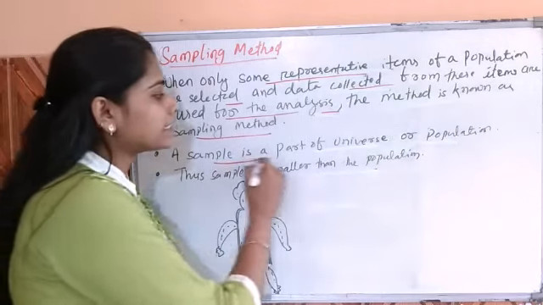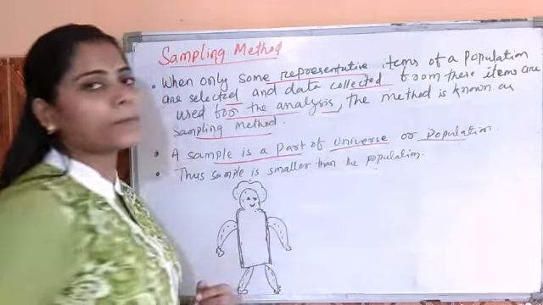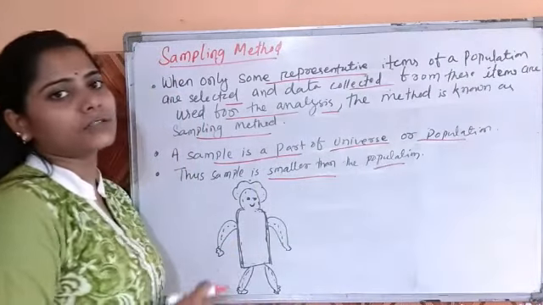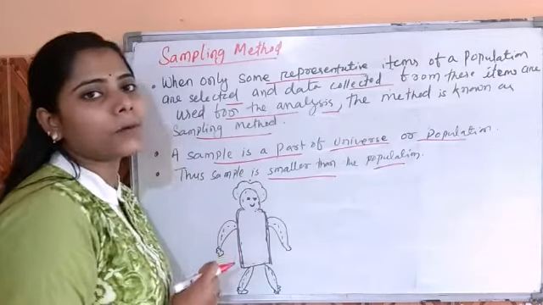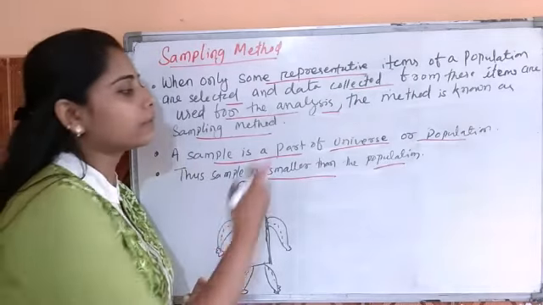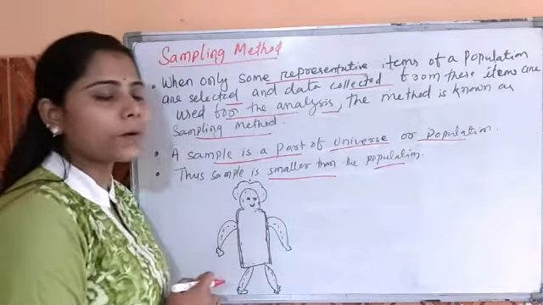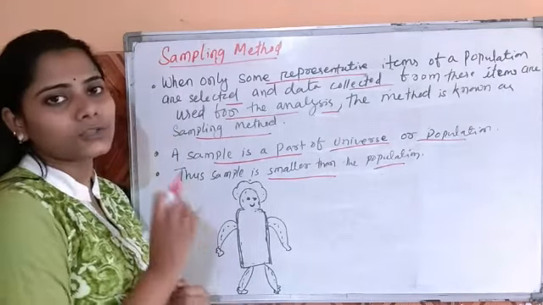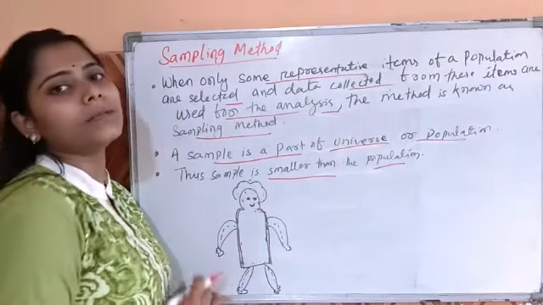The sample is basically a part of the universe or population. So the sample is smaller than the population. We can also understand this concept through a small example. This is a human body.